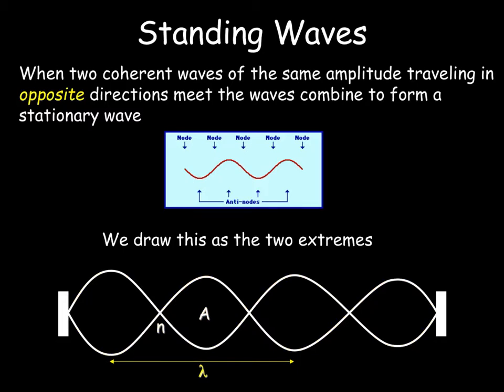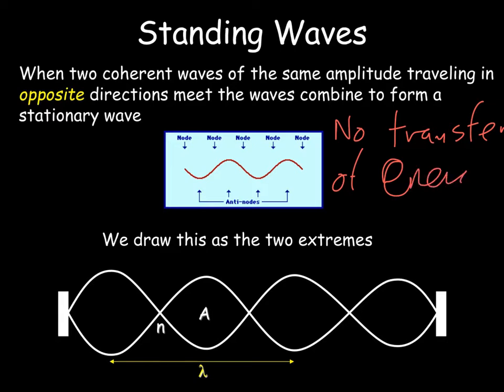Standing waves. Now, the main thing about standing waves is that they are, or stationary waves as they're sometimes called, formed when two coherent waves of the same amplitude travelling in opposite directions meet. That's how they're formed. Their definition, which I don't seem to have on this thing, is there's no transfer of energy, or no movement of energy.